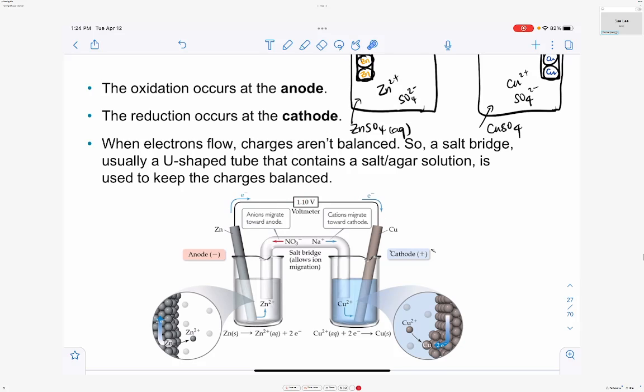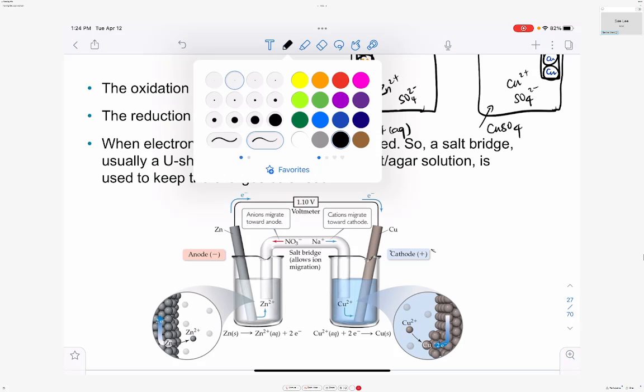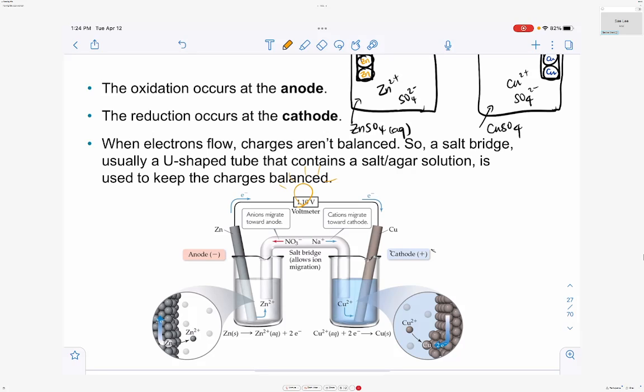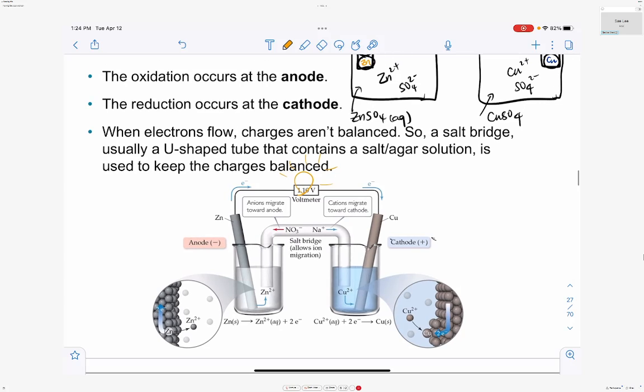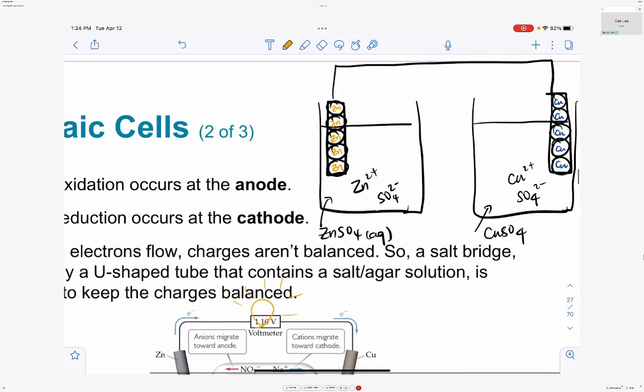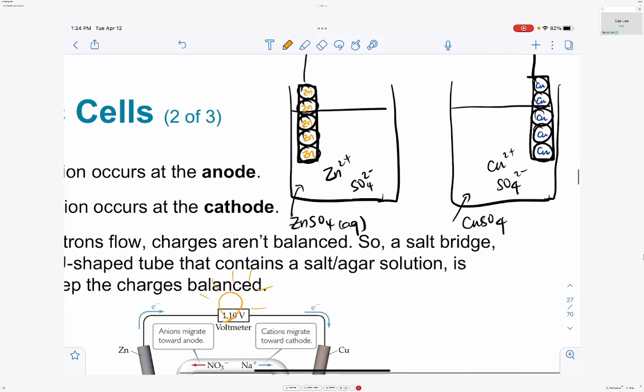And if we stick a light bulb in here, the light bulb will light up. It will turn on. So among the 4 substances contained in the two beakers, you have zinc and zinc 2+ in the left beaker. You have copper 2+ and copper in the right beaker.